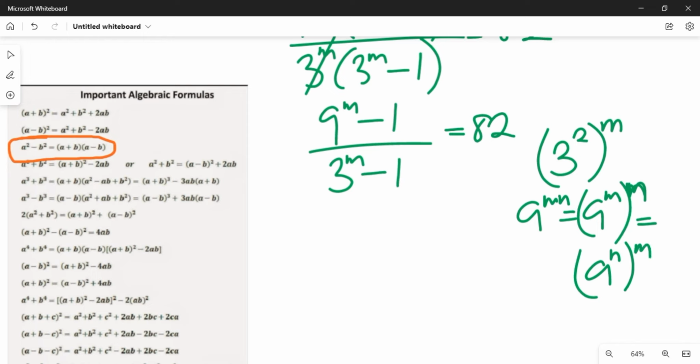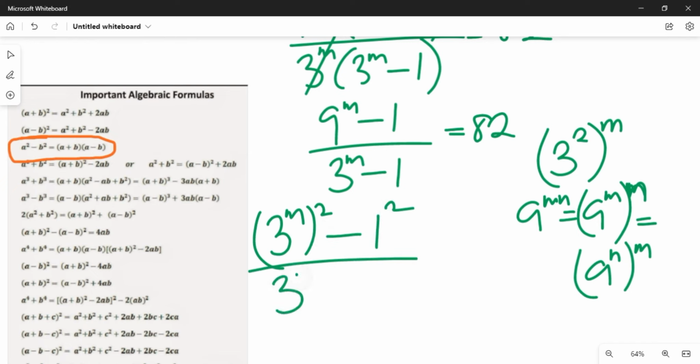So if we apply that here, we are going to have 3 raised to power m squared minus 1 all over 3 raised to power m minus 1 equal to 82.